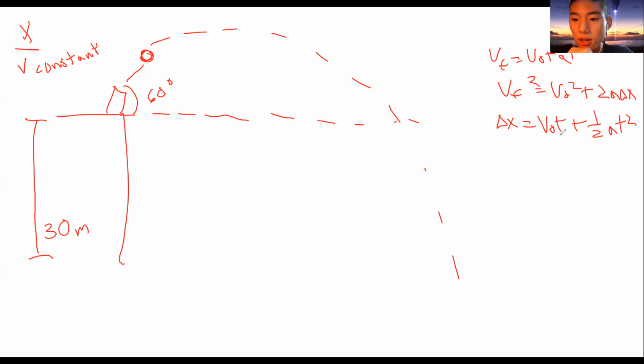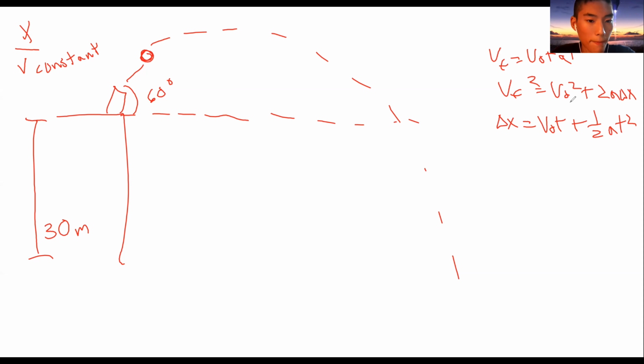So these are the three kinematic equations. I didn't have the time to derive them, but they are here. The rest of the kinematic equations come from these three basic ones. You just play around with the variables and isolate one variable to find, and then you get a new kinematic equation. But these are the basic ones.